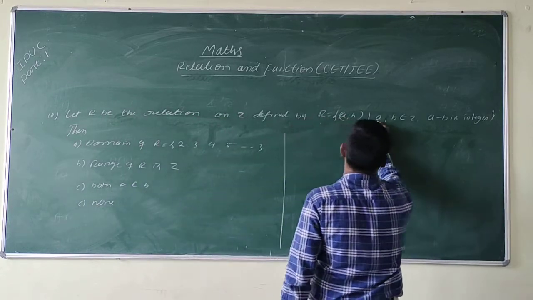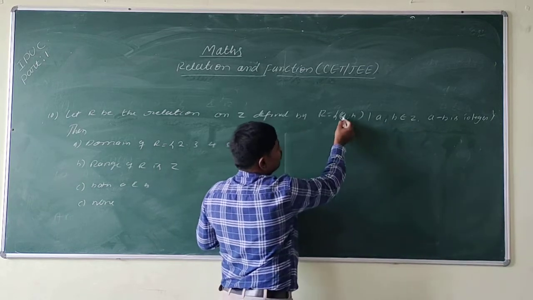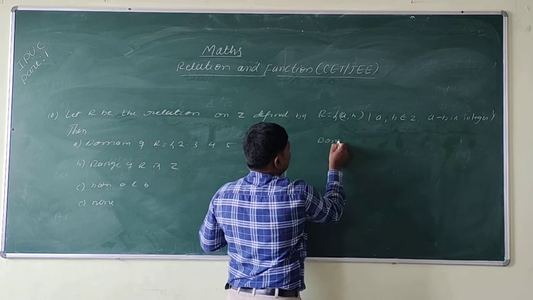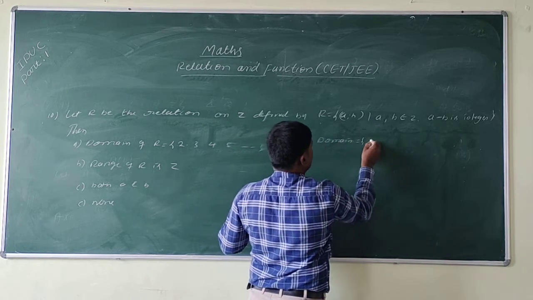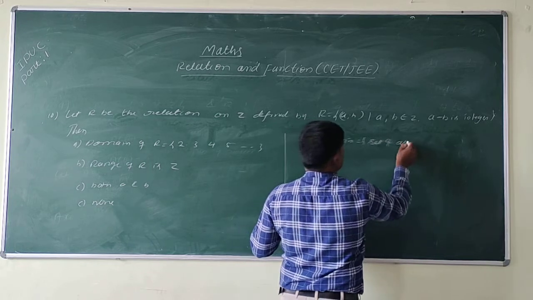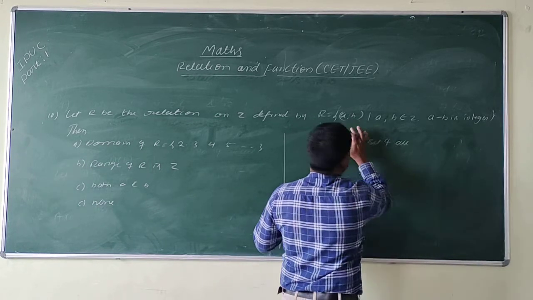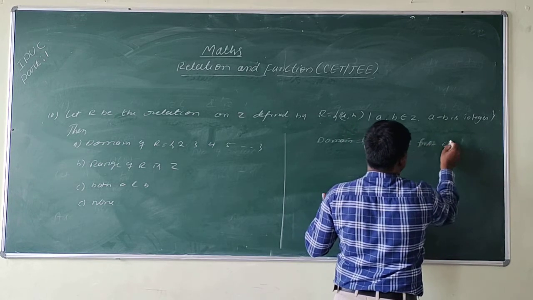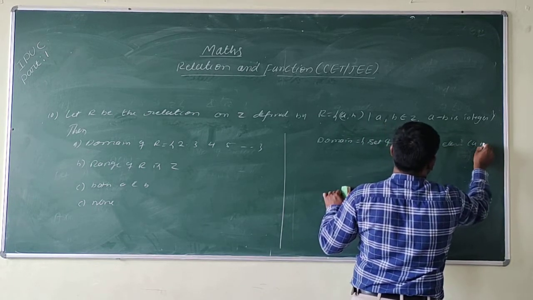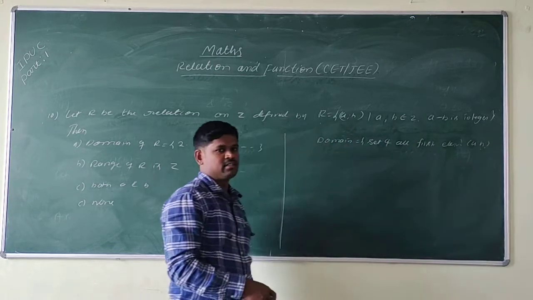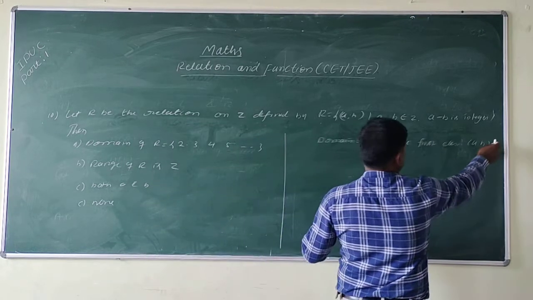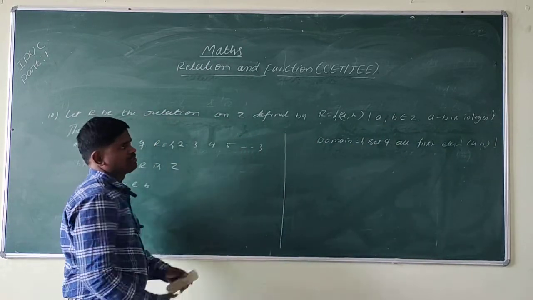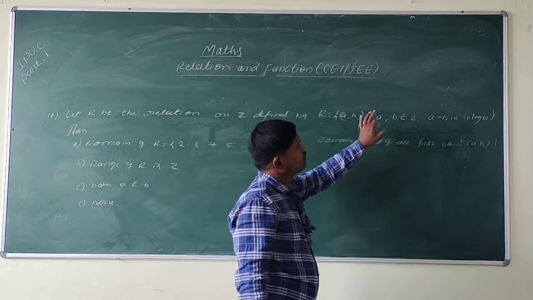The domain is nothing but the set of all inputs, that is, the set of all first elements in (a, b) such that a minus b is an integer. Whatever real number we input, that is the domain itself.